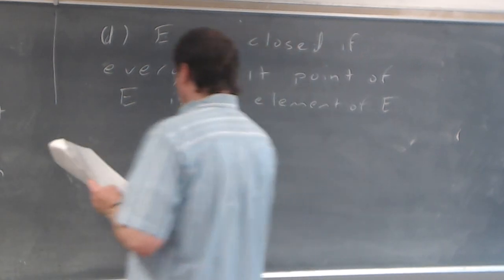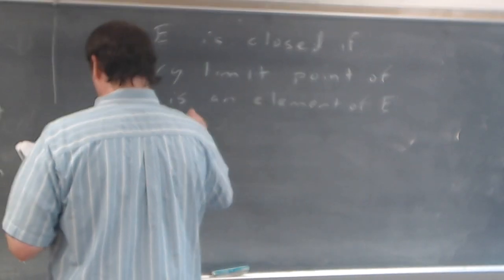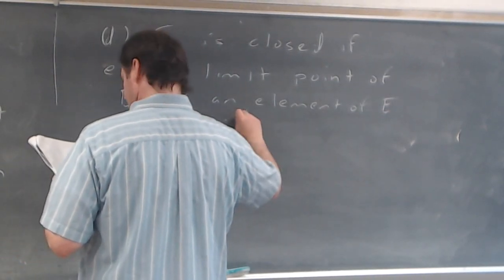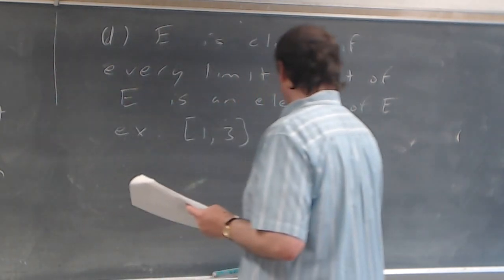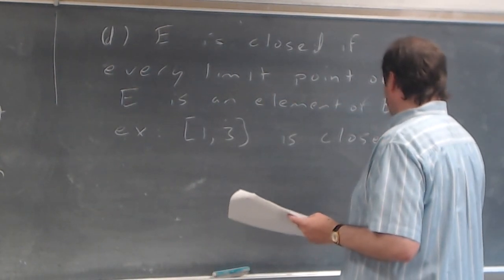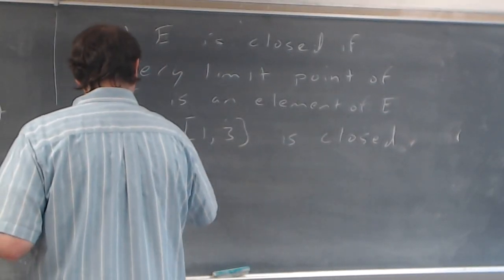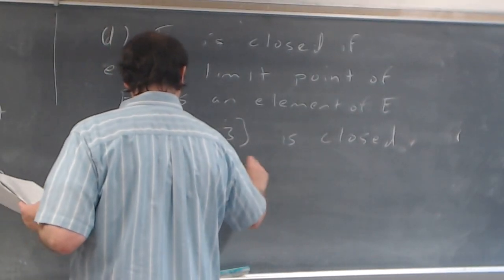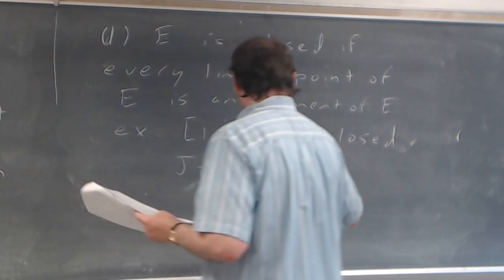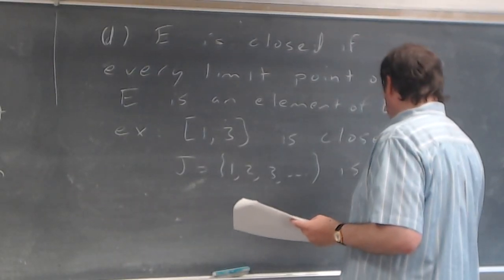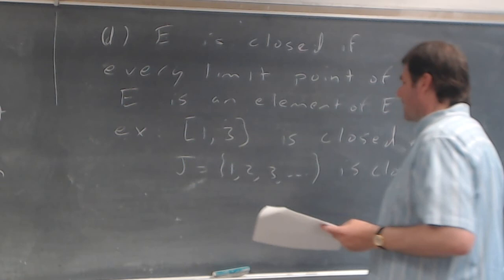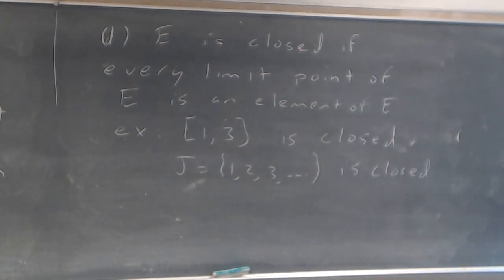Okay? And so as examples, the set [1, 3] in this way is closed in R with our metric that we have defined. And then also J equal to the set {1, 2, 3} is closed. Okay? And the reason it's closed is that it doesn't have any limit points. So it contains all the limit points that it has.